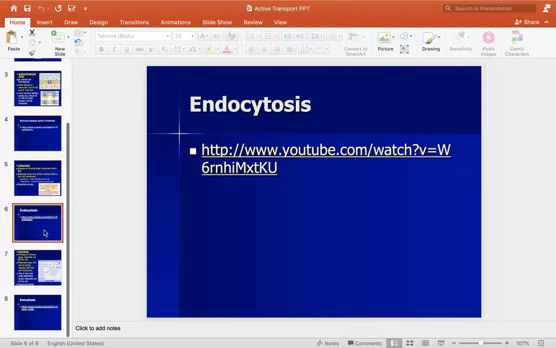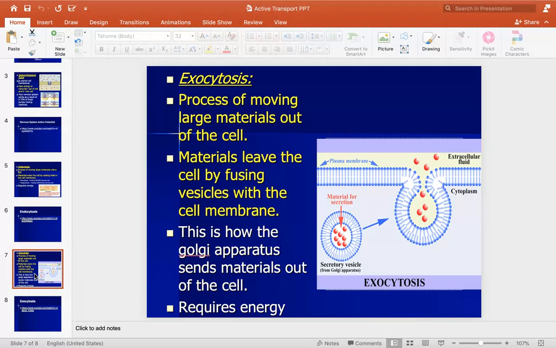All right? And then our last type of active transport is the opposite of endocytosis, which is exocytosis. So cytosis means cell action. Exo means to leave or exit. So it's exiting cell action. So what is exocytosis?